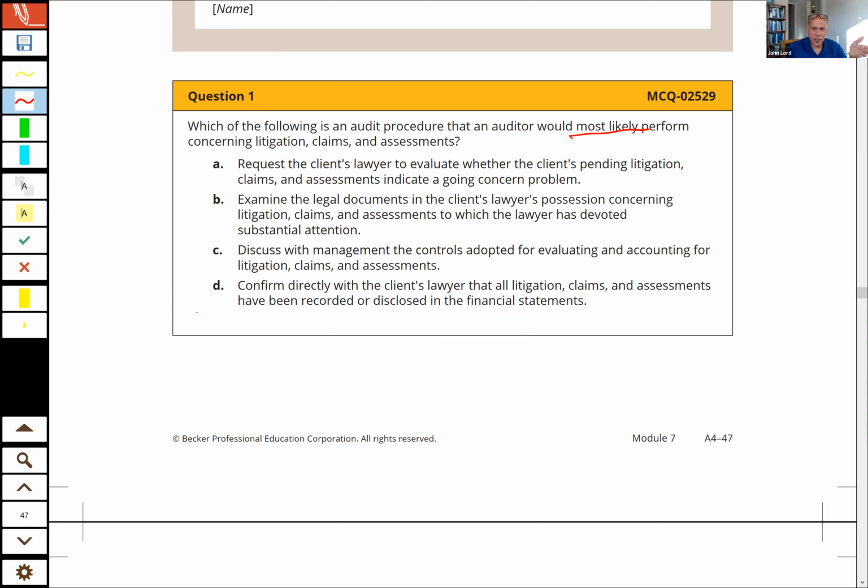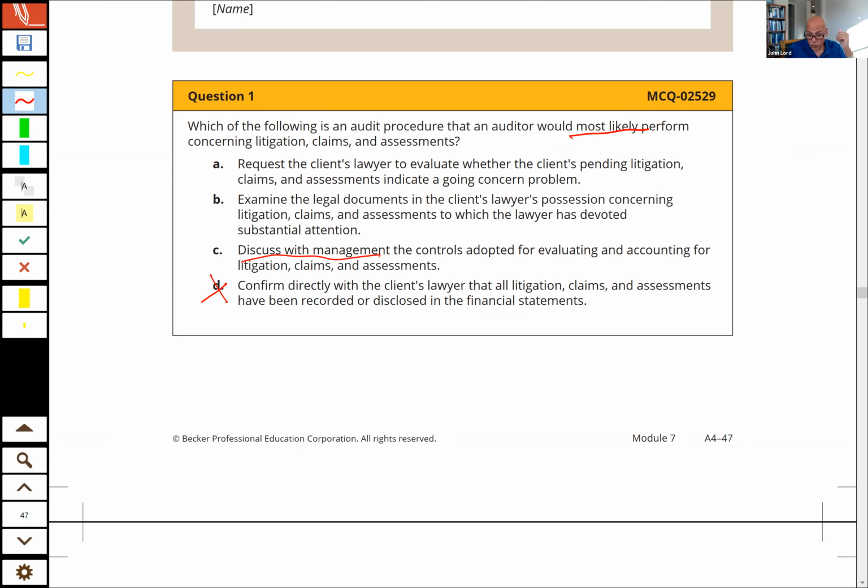The attorney's going to tell me, anything else? You want me to make you a sandwich too while I'm at it? I mean, you don't send the financial statements to the attorney and say, hey, do this procedure for me. No, that's nonsense.